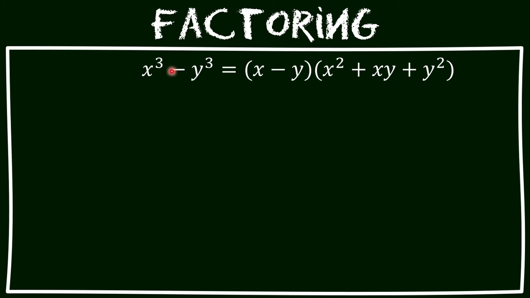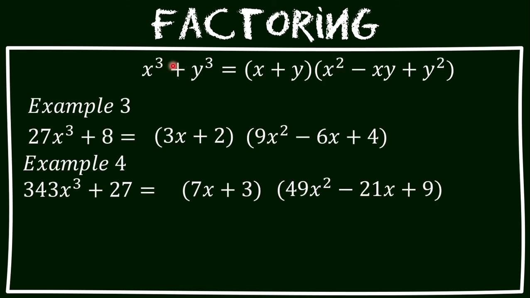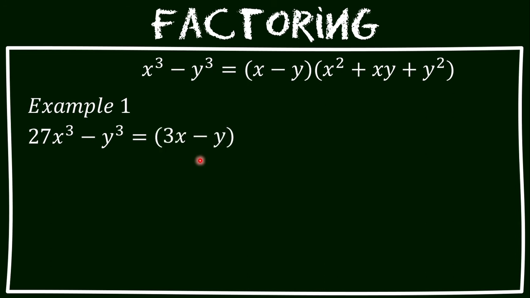Here we have a minus sign. Unlike this form, we have a plus sign. So in this minus sign, we must copy the minus sign here, and then this will be a positive sign in here. Okay, so our example number 1, we have 27x cubed minus y cubed. Cube root of 27 is 3, and the cube root of y cubed is y.